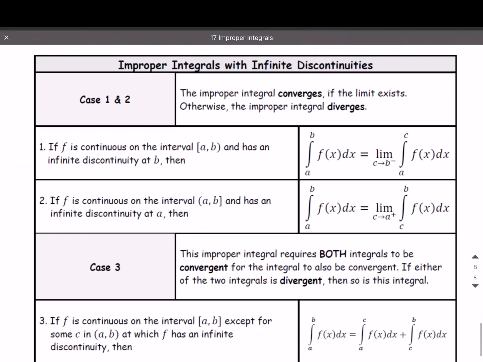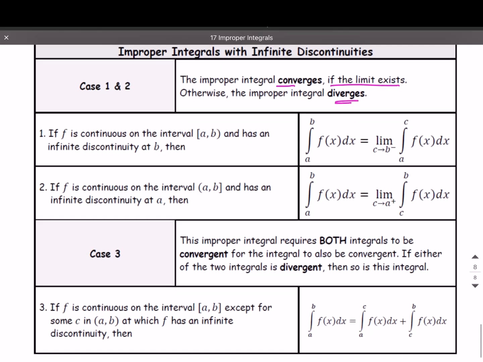So now again, improper integrals with infinite discontinuities. The improper integral will converge if the limit exists. Otherwise, the improper integral diverges. If f is continuous on the interval where we include the a, but the vertical asymptote or the infinite discontinuity is at b, then we would do the limit as c approaches b from the left.